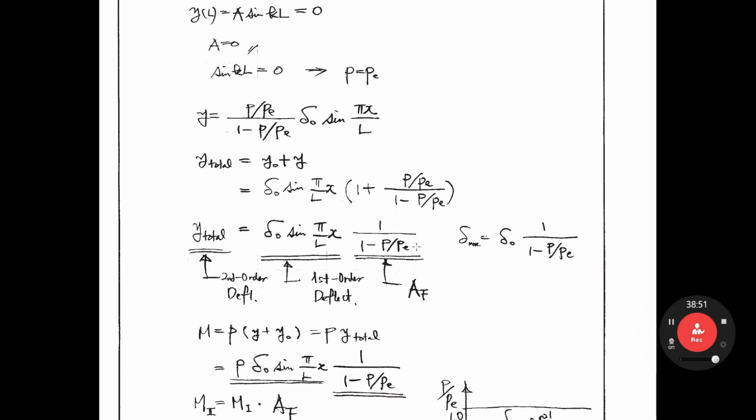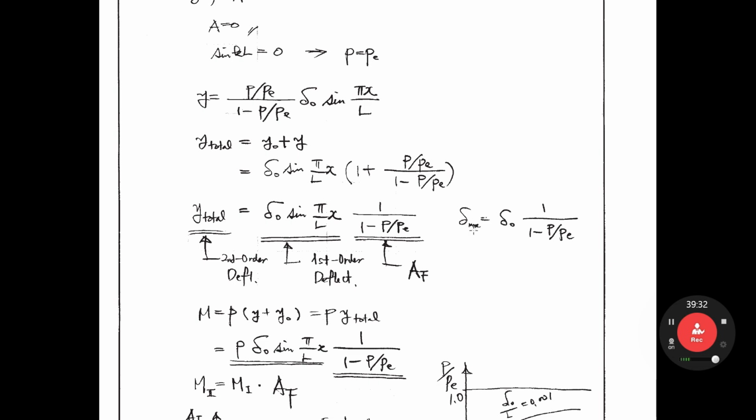Okay, you can make this equation simple like this. So if you investigate, this one is the first order deflection, right? The deformed shape we assumed like this. And this term is the amplification factor. So this total is the second order deflection: first order deflection times the amplification factor.